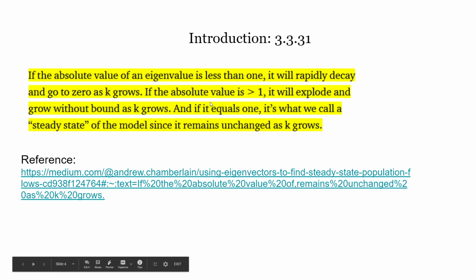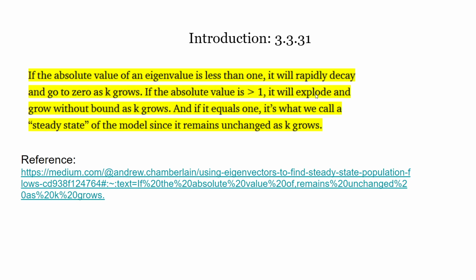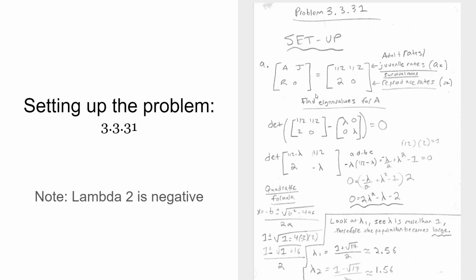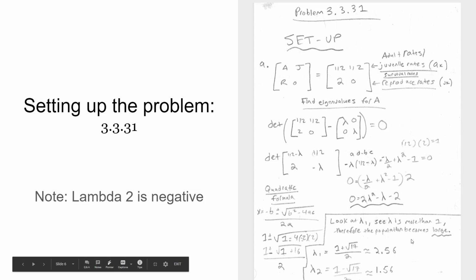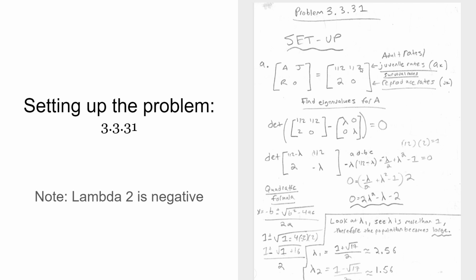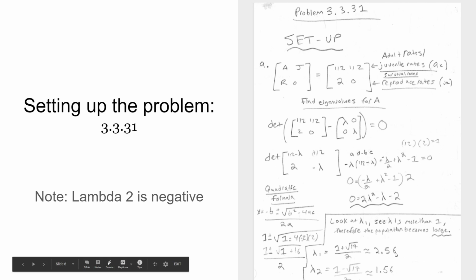What it means is that if your value is more than 1, then you're going to have an exploding population. So in the instance where the survival rates are 1/2 for each of the adult and the juvenile, and the reproduction rate is 2, once we set up and solve everything, we have a population that explodes.